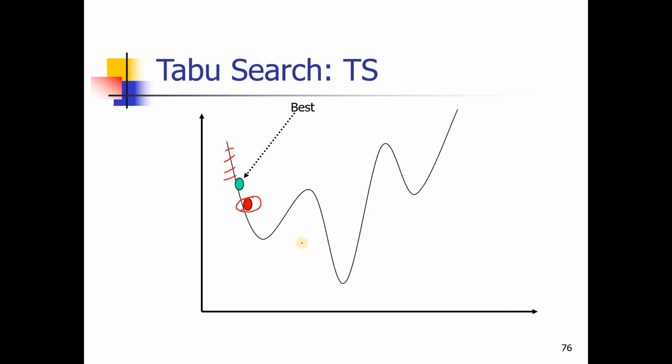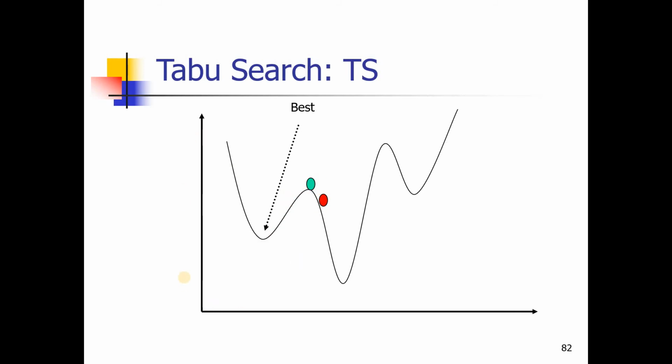When the next node is searching randomly, maybe it can go and search this location, but it should not be inside the list of already visited nodes.